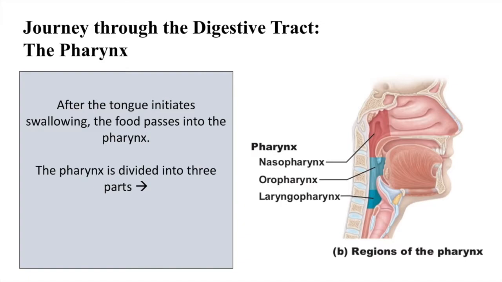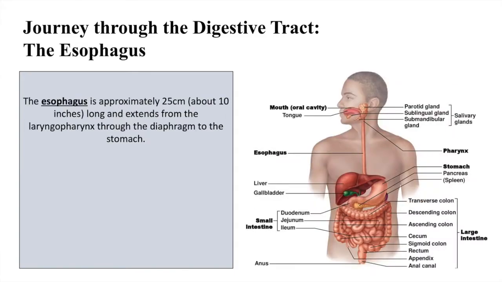After the tongue initiates swallowing, the food passes into the pharynx. The pharynx is divided into three parts: the nasopharynx, oropharynx, and laryngopharynx. The muscles that make up the pharynx initiate wave-like contractions that propel food into the esophagus.